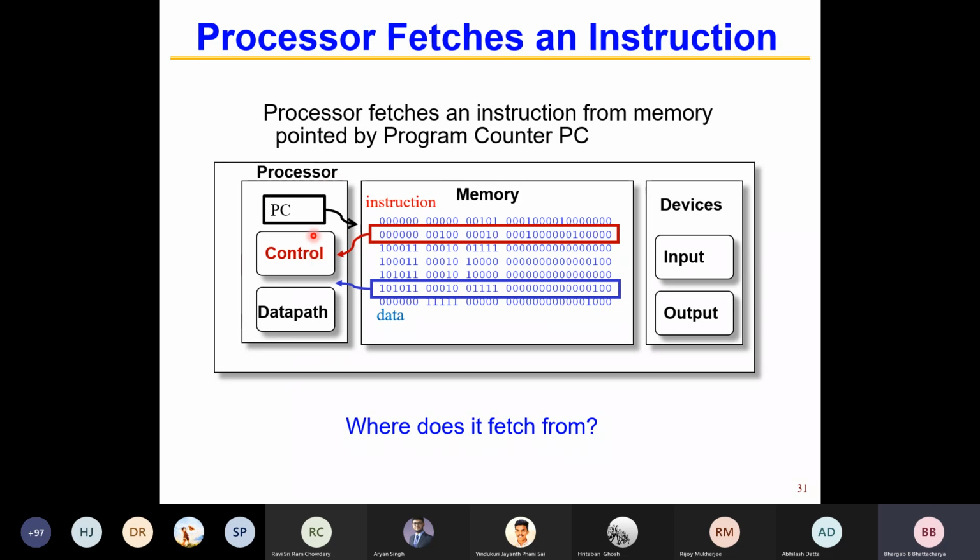You save it into the processor, and then the controller examines this bit string. Since it is an instruction, the controller knows that maybe the first 6 bits should represent the opcode. Depending on what string you have here, the controller takes appropriate action, whether you need to fetch further data and so on. That is determined by the opcode of the current instruction.